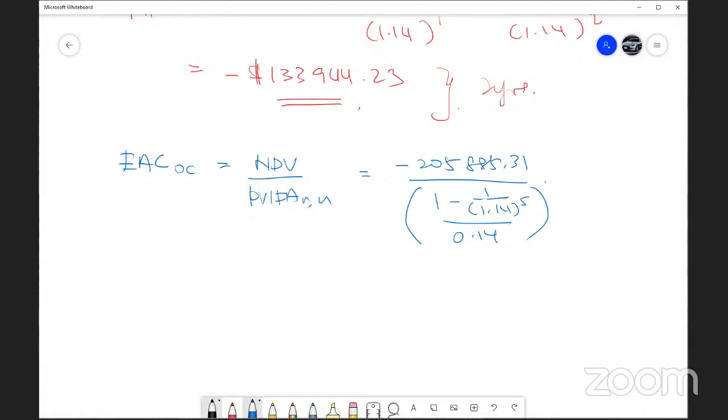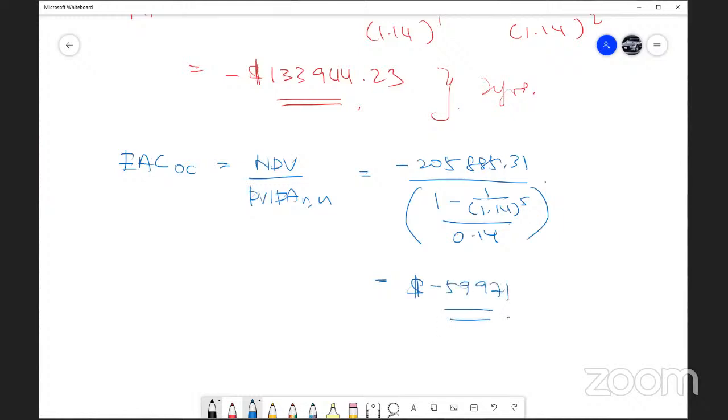This is basically your PVIFA. This will give you your EAC, your equivalent annual cost. Then you can compare on a year-to-year basis. So annual cost is negative 59,971. This is the one that I gave you wrongly just now.